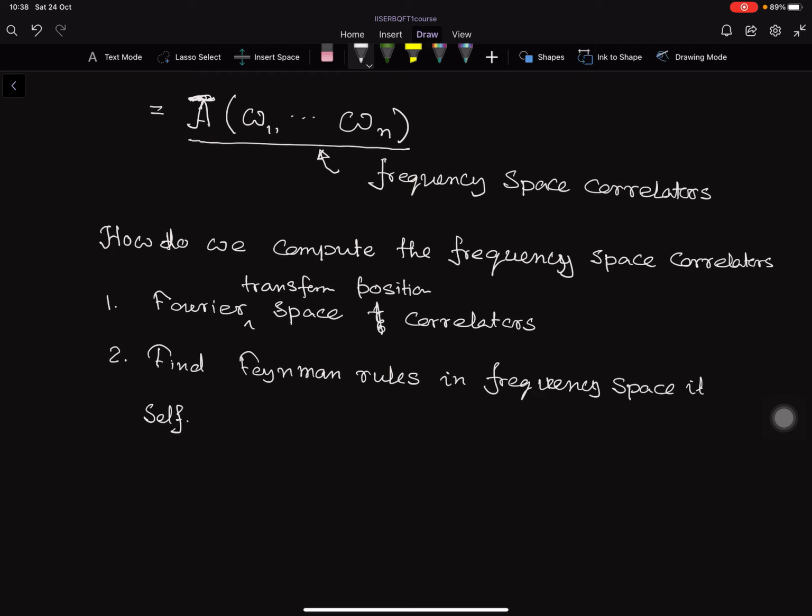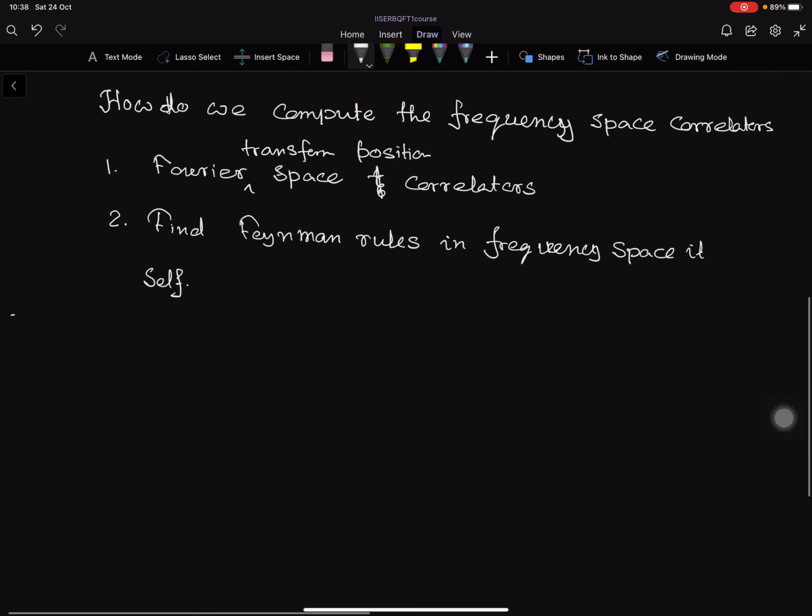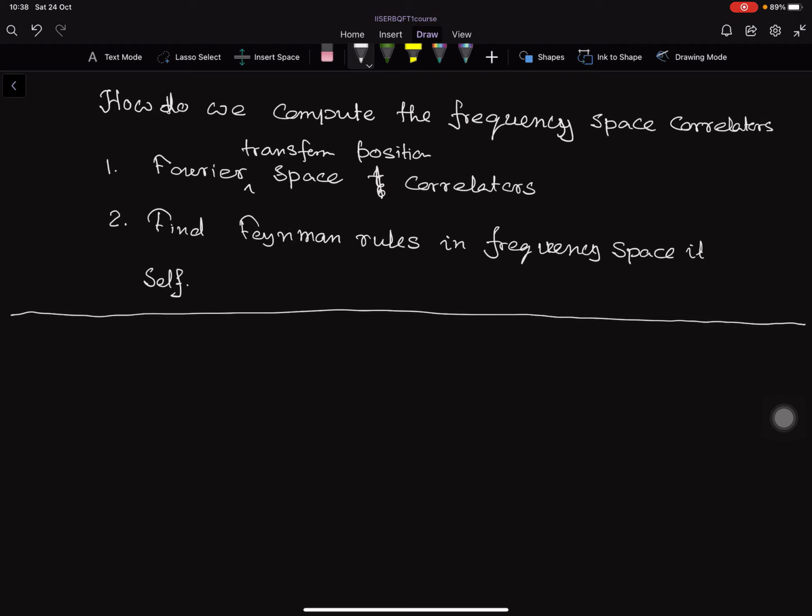Okay, examples again. We start from the simple case of 2-point functions.